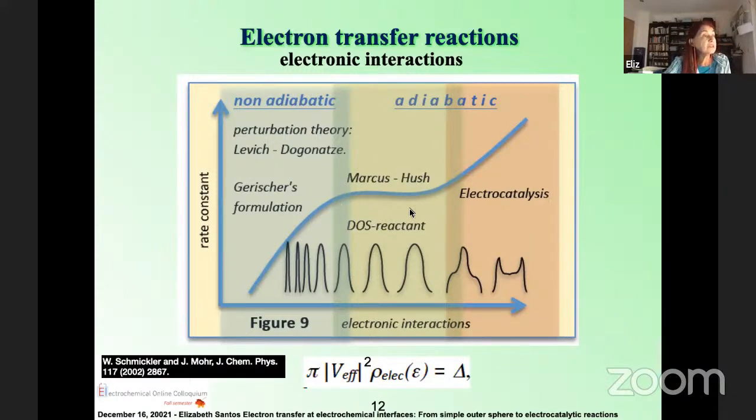Then we have an intermediate region where there is no dependence, and at the end, when the interactions are very strong, we again have a dependence on the electrode material, and this is the region we call electrocatalysis. We shall come back to this plot because it shows very nicely the different tendencies.